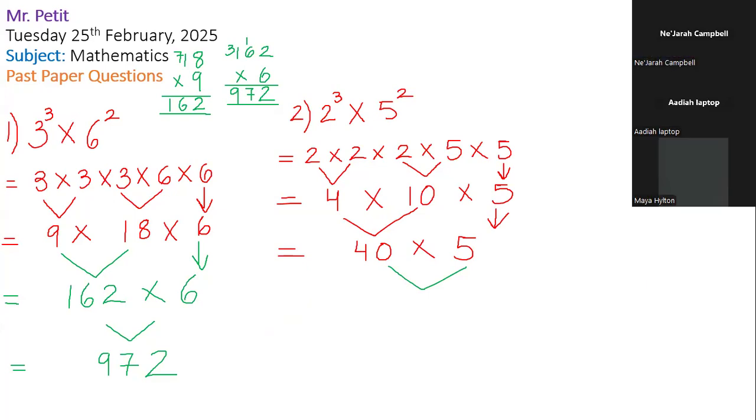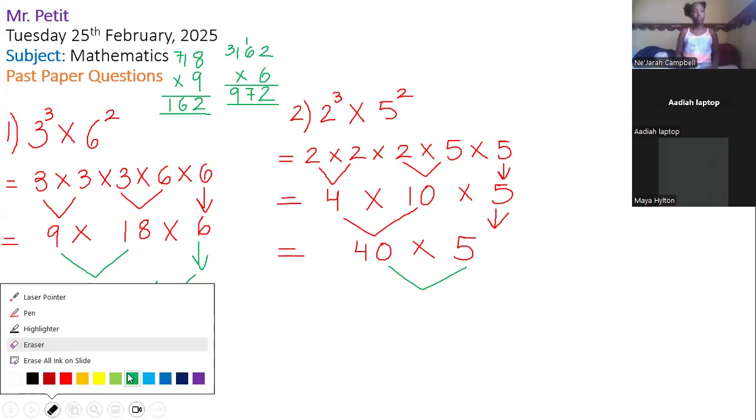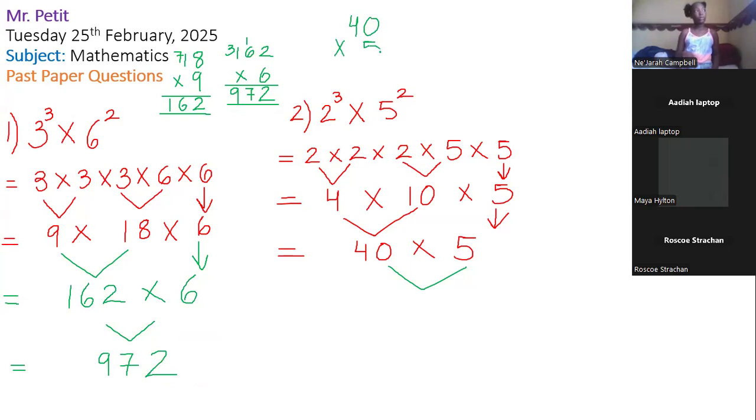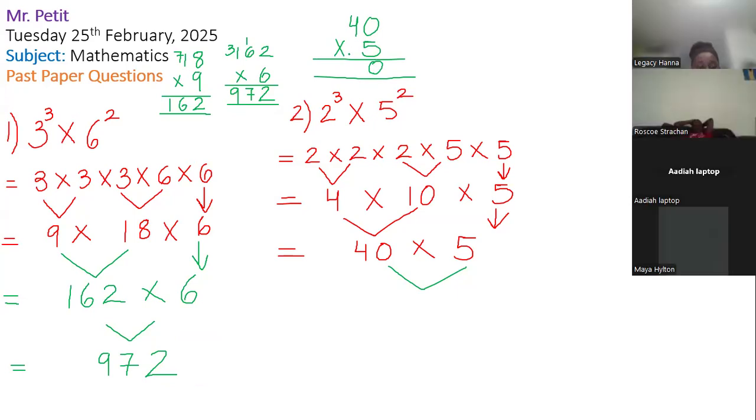40 times 5. So let me put this on top so we can have space. So this is gonna be 40 multiplied by 5. 5 times 0 is what? 0. 5 times 4 is what? 20. 20, very good.